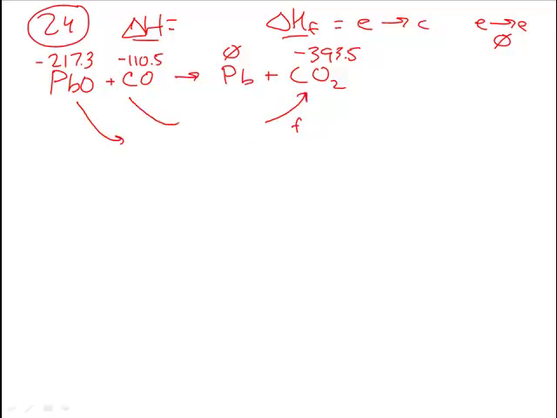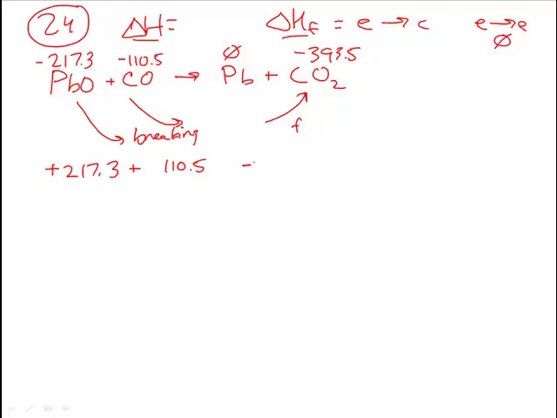PbO and CO are not forming, they're doing the opposite. What's the opposite of forming? Deforming or breaking apart. So these are breaking apart. So since these are breaking apart, the sign changes from the negative to the positive, the opposite sign.